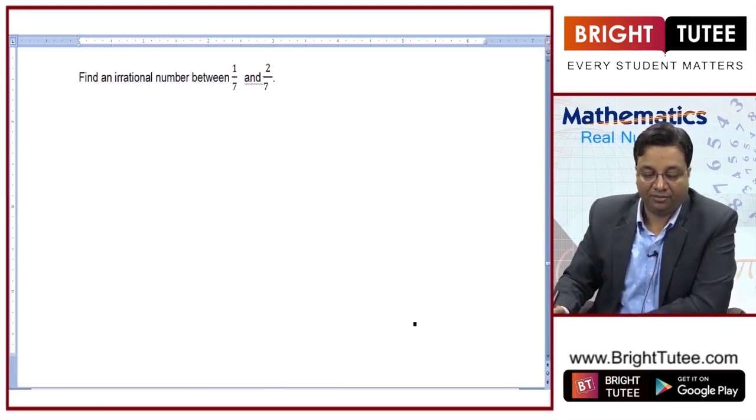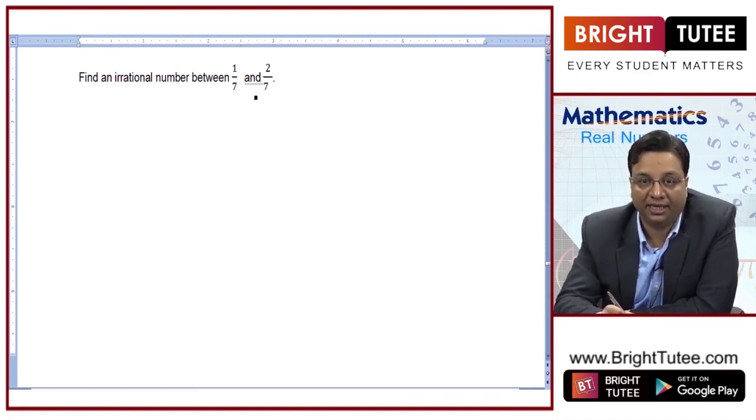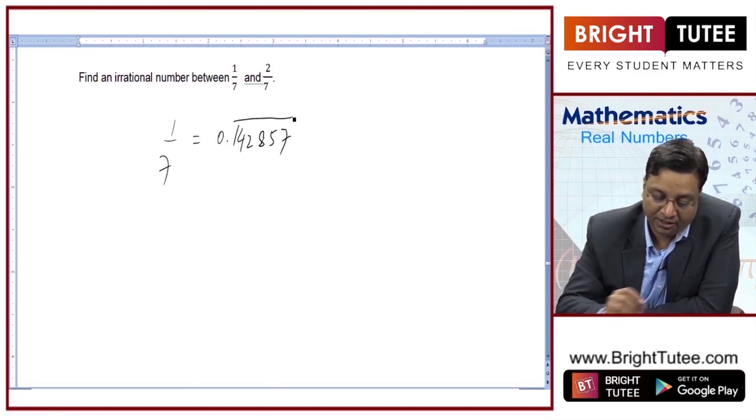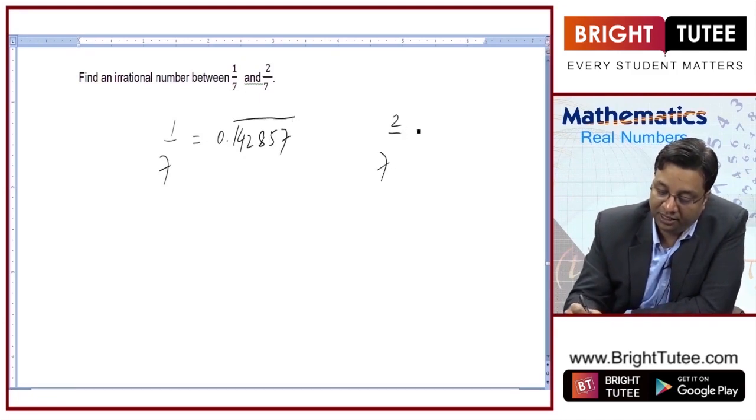Find an irrational number between 1 by 7 and 2 by 7. 1 by 7 we just calculated in our examples is equal to 0.142857, and this keeps on repeating. So 2 by 7 will naturally be twice of 1 by 7.